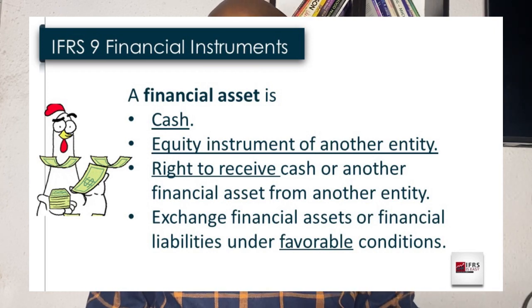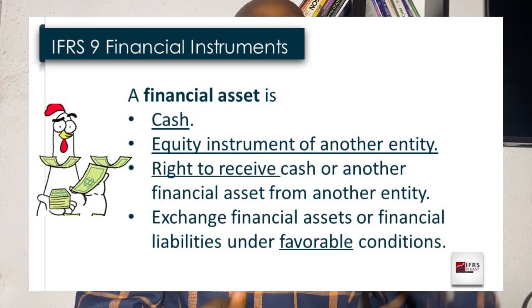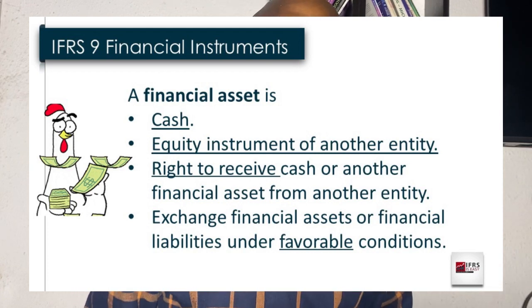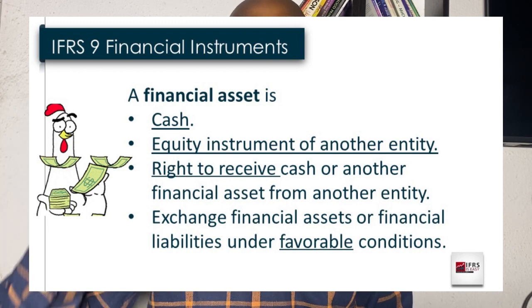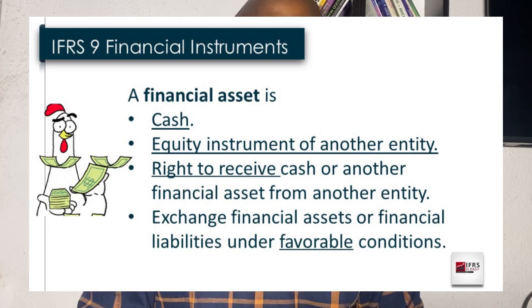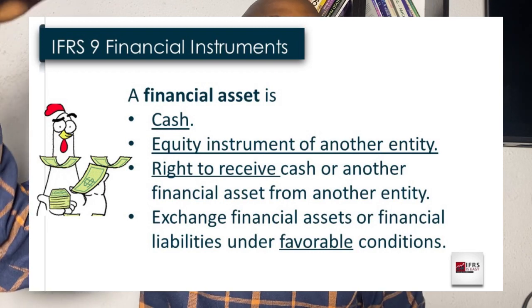Now, another thing is that when you have the right to receive cash or another financial asset from another entity, then you still have a financial asset. Now, when you sell goods on credit, for a manufacturing company that sells goods on credit, they recognize the trade receivable as a financial asset in their books. Now, the customer that bought those goods on credit would have recognized a financial liability.